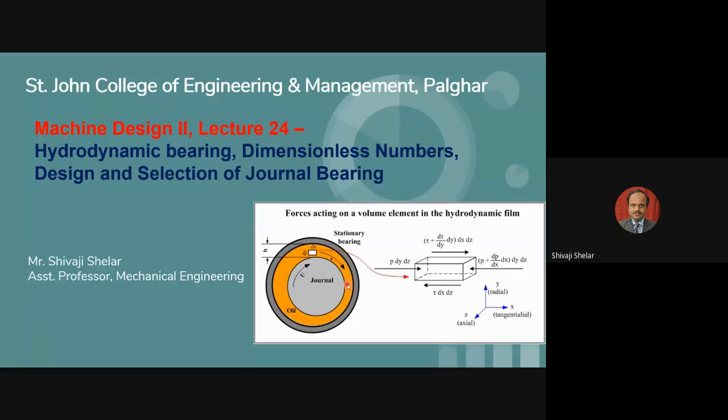Since the radial clearance is very, very small, we can assume there is no pressure change in the radial direction. So the variation of the forces in the radial direction is minimum. So we need to consider the force variation in tangential direction and axial direction, that is in x and z direction.